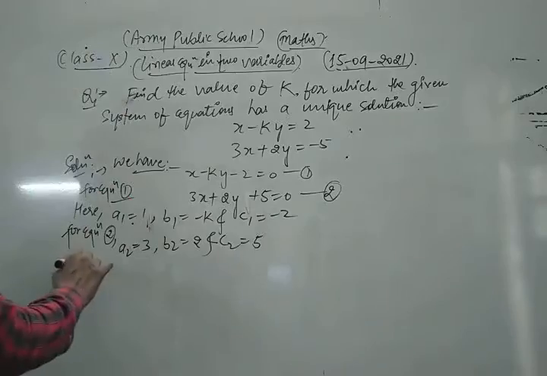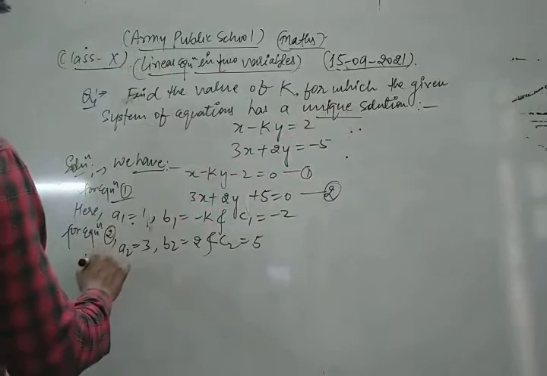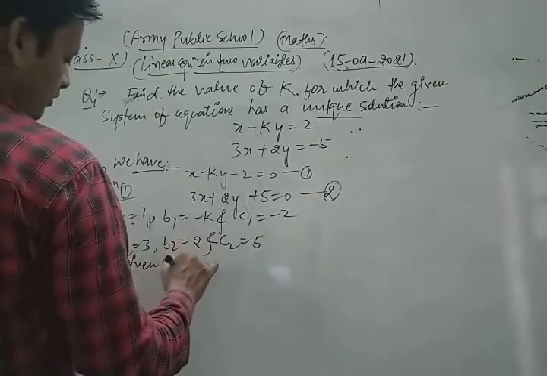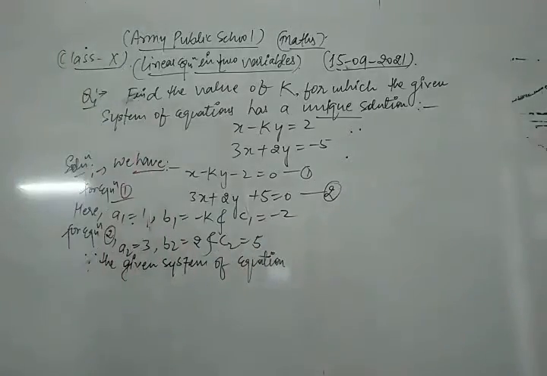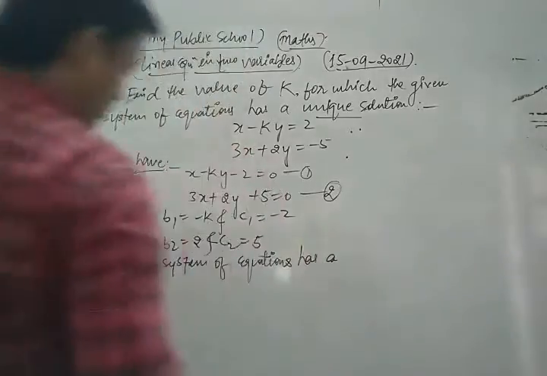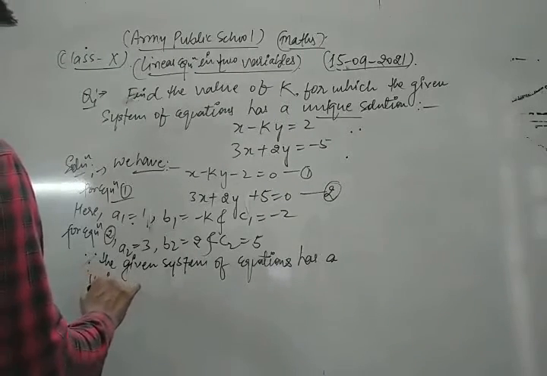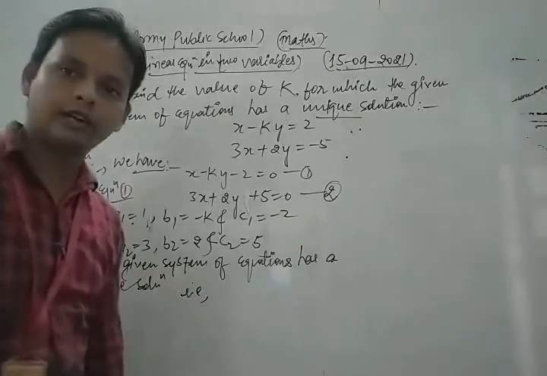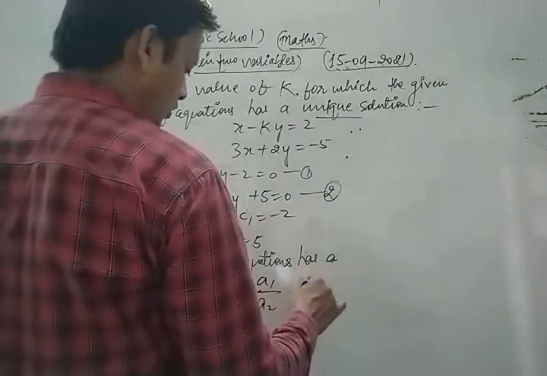Now, since the given pair of equations has a unique solution, you know that for a unique solution we have A1 upon A2 is not equal to B1 upon B2.